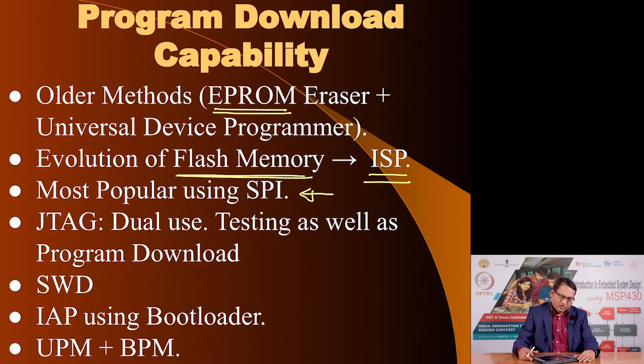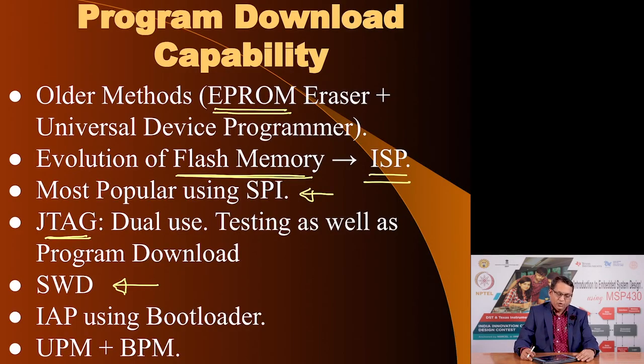In more advanced microcontrollers, they would have JTAG, the Joint Test Action Group protocol, which had dual use. One use would be to program the internal memory, and the other would be to use it for testing the microcontroller using the on-chip debugger that I mentioned. Another popular protocol for testing would be serial wire debug.